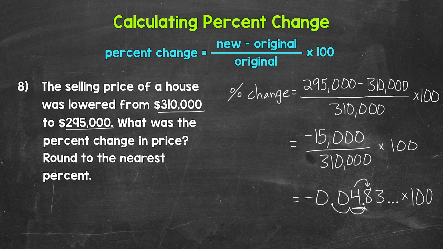This rounds to negative 5%. So this is approximately, and I'm using the approximately symbol here since we rounded, negative 5%. And that negative tells us we had a decrease.